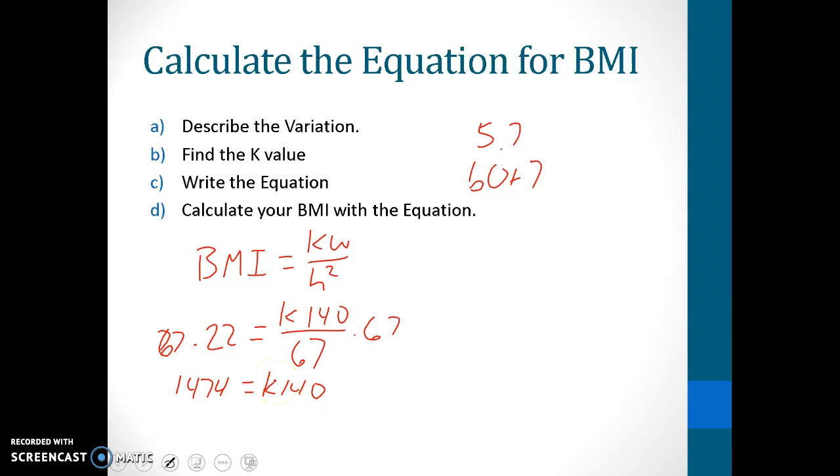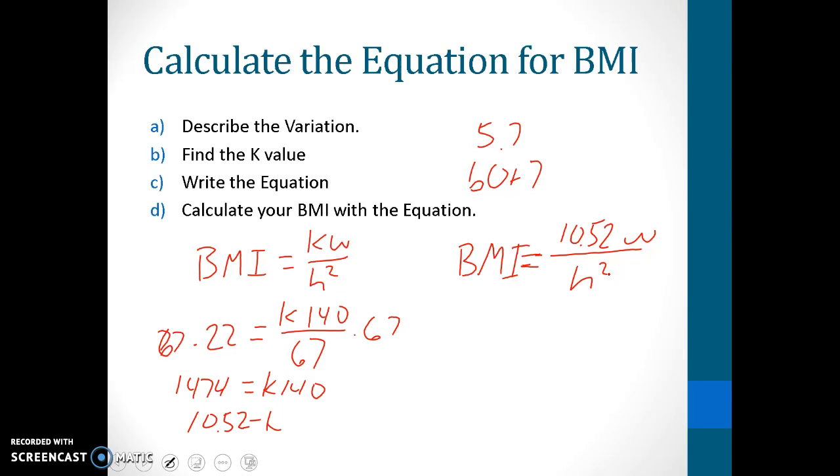Then if I divide by 140, I'm going to get 10.52. So k equals 10.52. So that means our equation for your body mass index would be that your body mass index is equal to your k value, which is 10.52 times the weight divided by h squared.